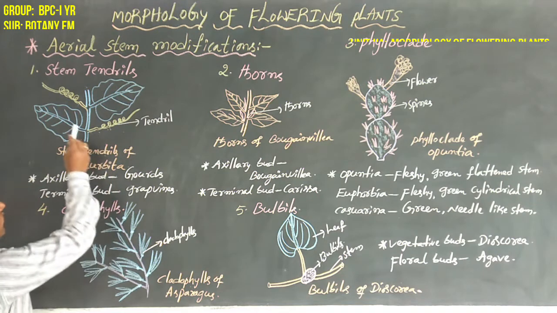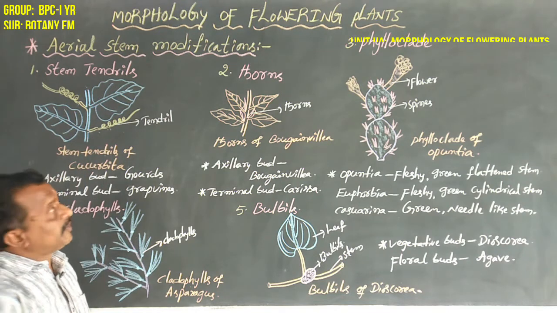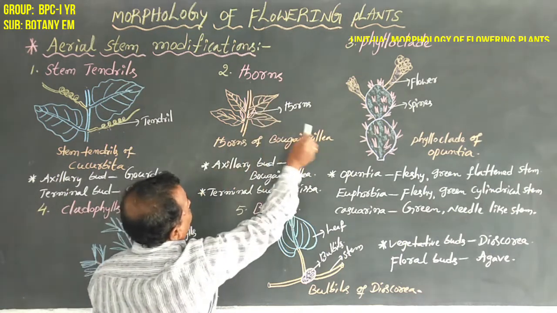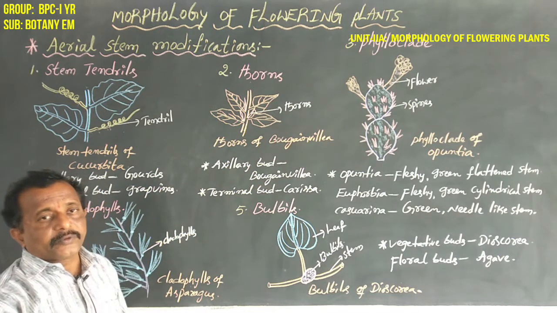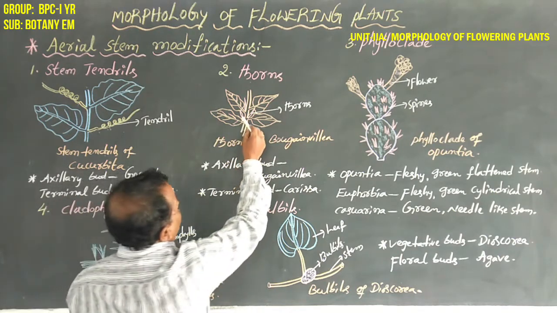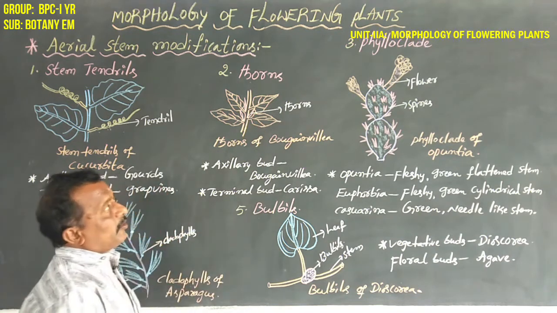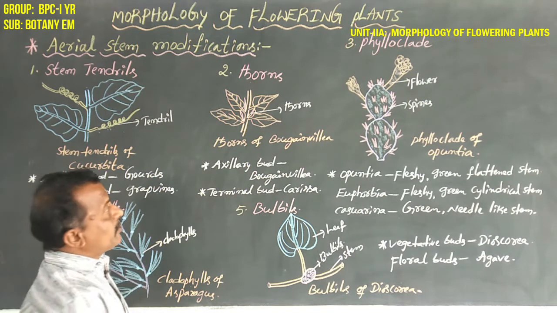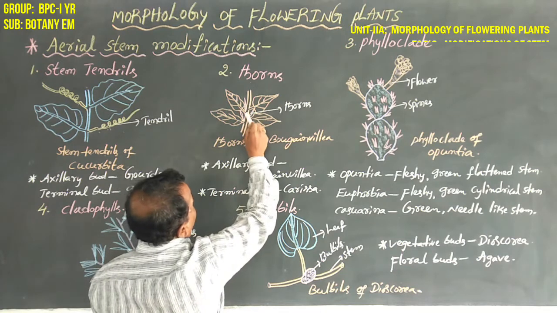Okay now, this is a stem tendril of Cucurbita. Next, coming to thorns. This is a thorn of bougainvillea. What is the meaning of thorns? Some of the stem buds are developed to be thorns. Thorns means a woody pointed structure, that is, a hard pointed structure.